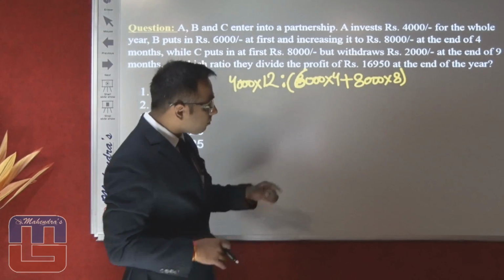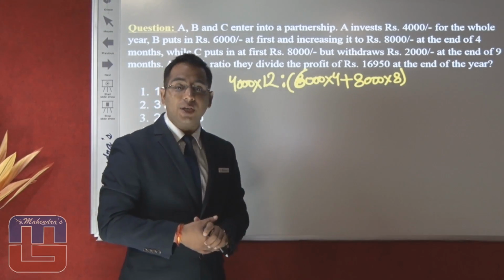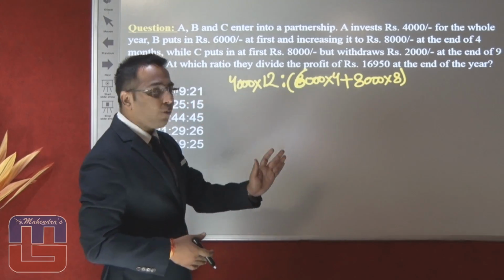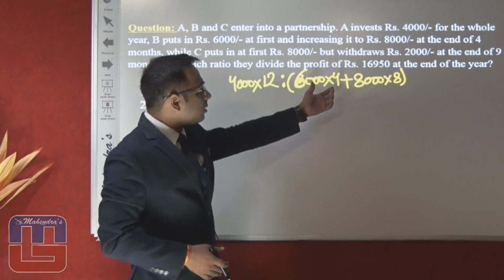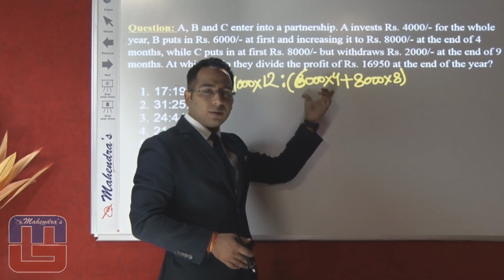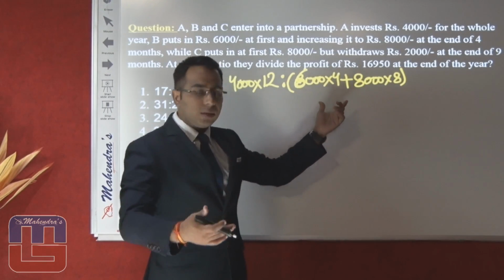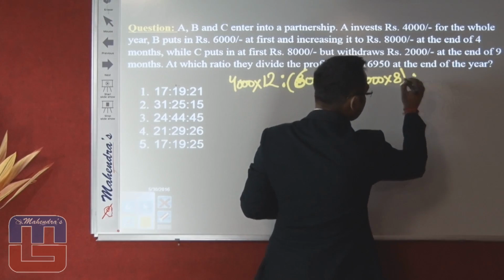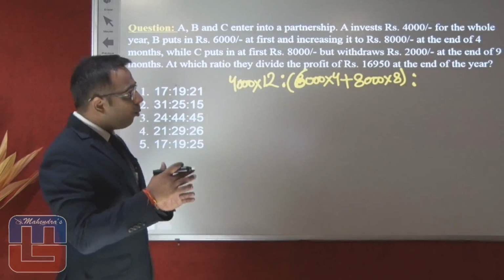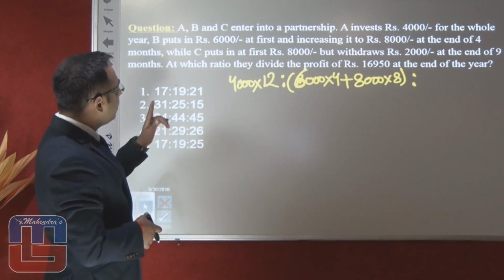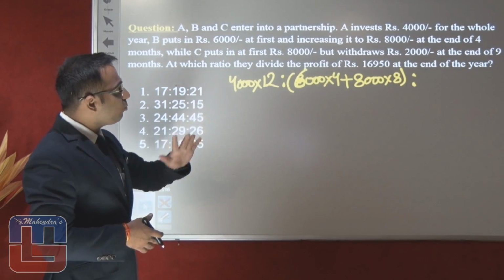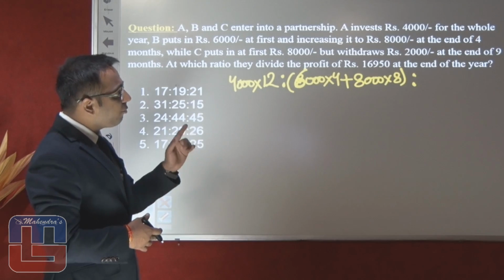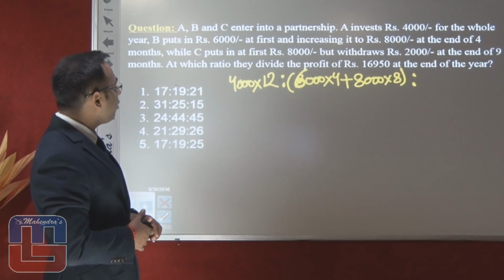Fine. And why have I put 8,000 into it? Because a year has 12 months. For the first 4 months, he had put 6,000 rupees. Remaining 8 months, he will put 8,000 rupees. Now, C puts at first rupees 8,000, but withdraws rupees 2,000 at the end of 9 months.